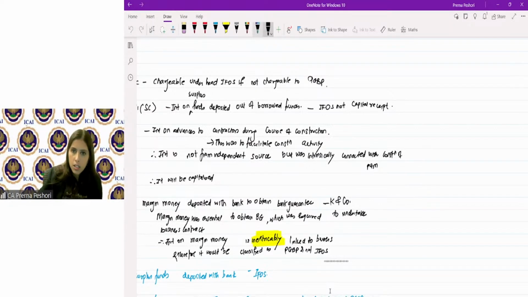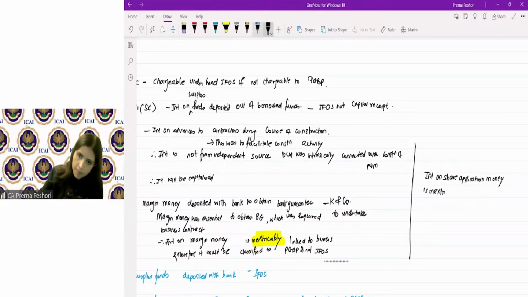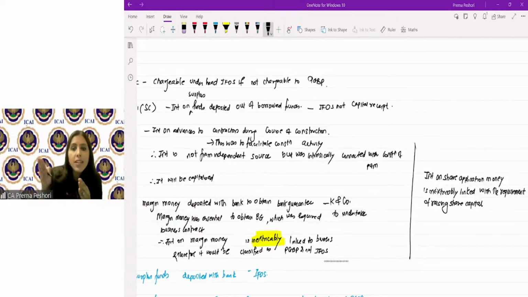Interest on share application money is inextricably linked with the requirement of raising the share capital.